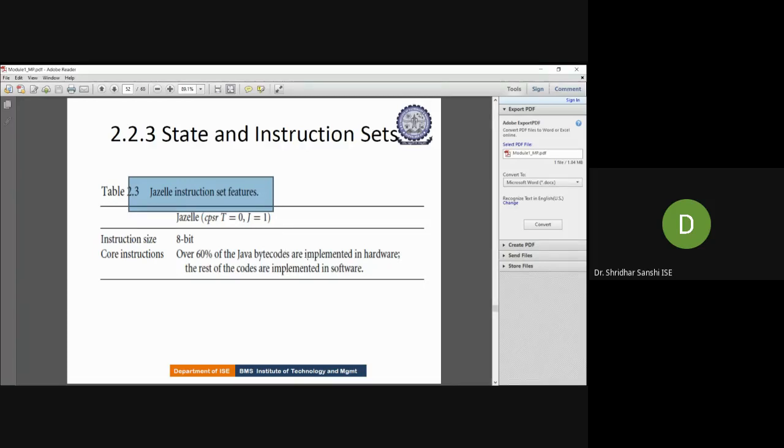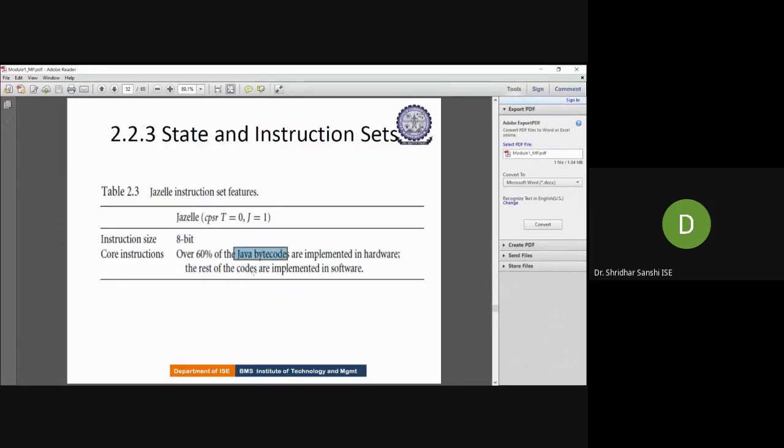So this is how we need to understand when we are using Jazelle instructions. The size of a Jazelle instruction is 8 bit, and they are generally used to execute Java bytecodes.